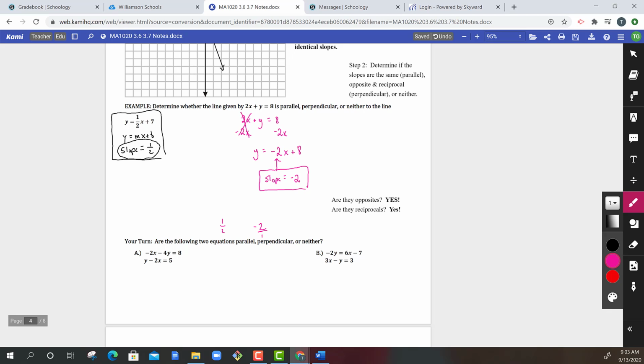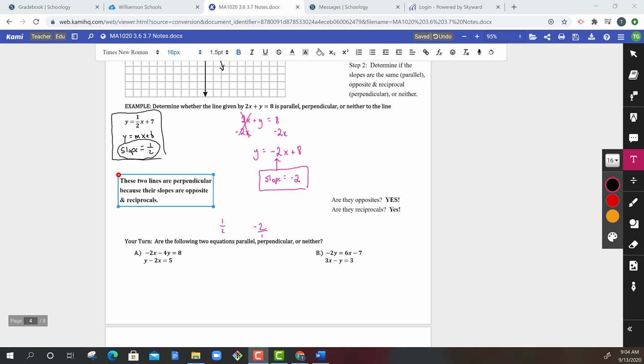If it helps, write -2/1 so you can see the numerator and denominator have been flipped. So since both of those things are true, these two lines are perpendicular. And again, we always want to actually write our answer saying these two lines are parallel or perpendicular and give the reason.